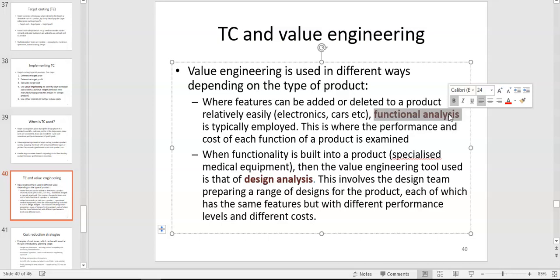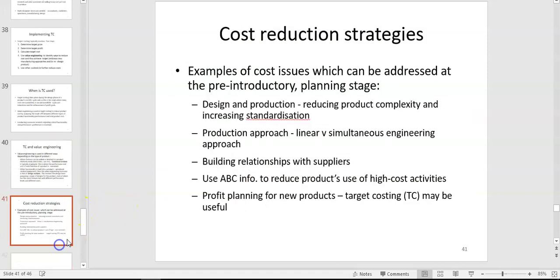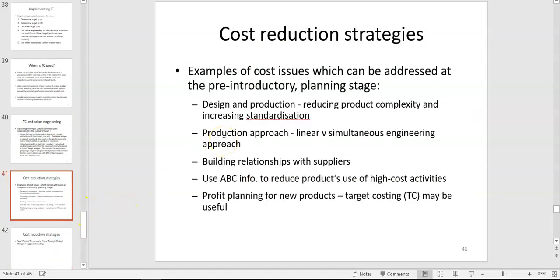Or it could be a car, it could be a whole host of things where you can do that special design analysis to take in and take out features and figure out the optimal cost and the optimal structure. And of course, even after that, there are other cost reduction strategies that you can look at in the design stage, whether it's your Six Sigma, or efficiencies in the production line.